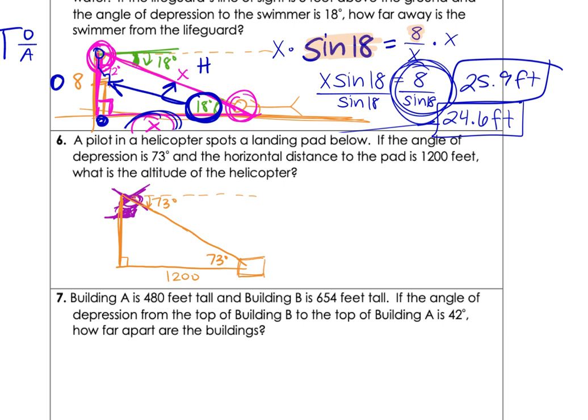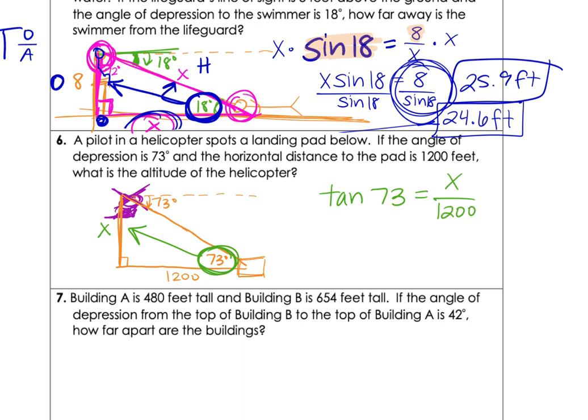What is the altitude? Which one are we finding? That's the height, the vertical. So this is your altitude. What trig function did you use? Tangent. You're going to say the tangent of what? Always the angle. So start at the angle. The tangent of 73 equals, opposite is your x, adjacent, sorry, is 1,200.